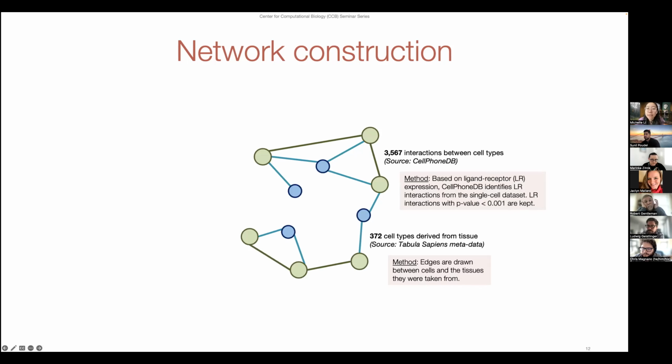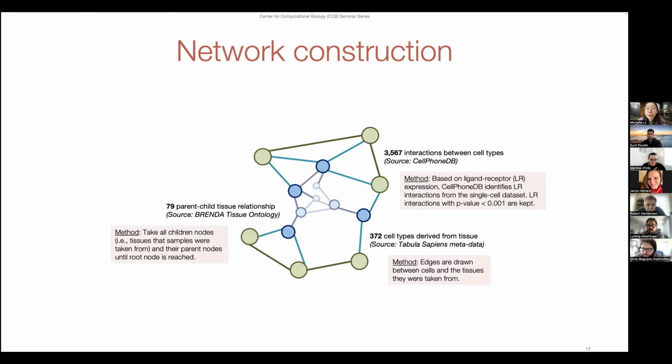Cell type edges mean that the cell types interact, and this is based on ligand receptor expression. Our tissue-to-tissue relationships are parent-child relationships. So we take the nodes corresponding to the tissues that samples were taken from and take their parents up until the root node. And altogether, we have a cell type and tissue network, which we'll call the metagraph.